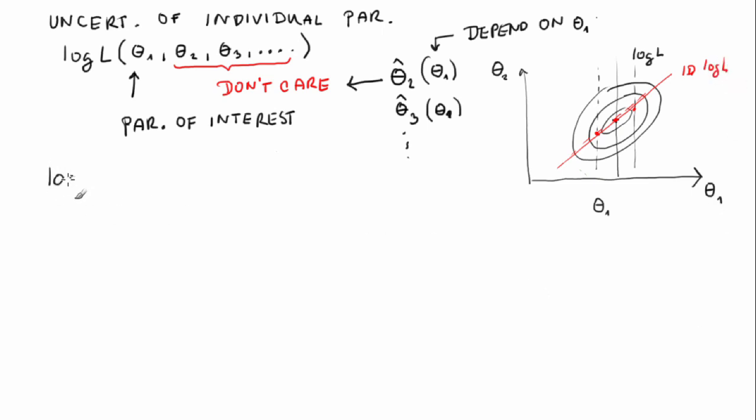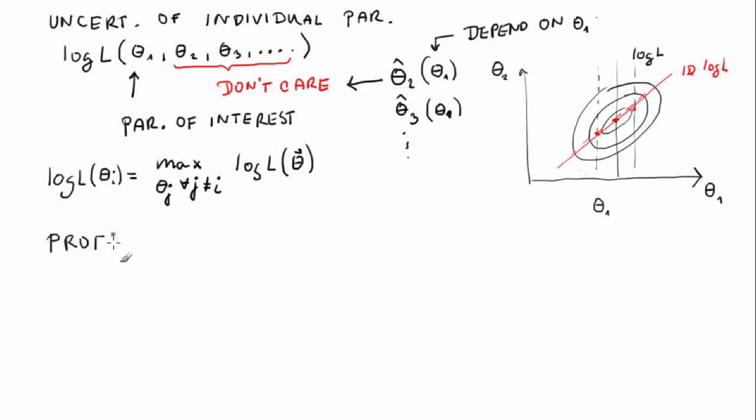Said mathematically, log L of theta i equals the maximum over theta j for all j that don't equal i of log L of theta vector. This curve is the famous profile likelihood function of the parameter theta i.